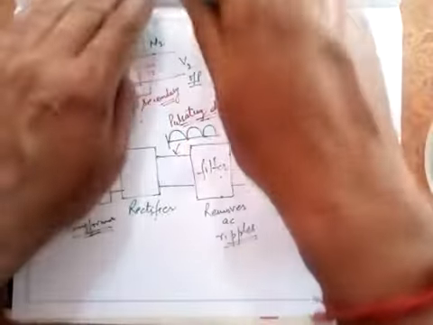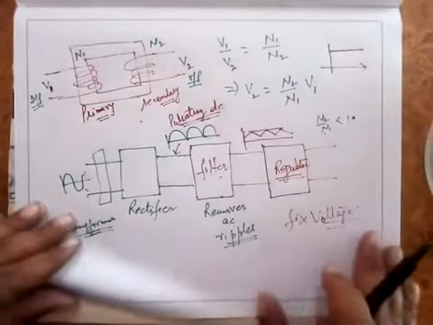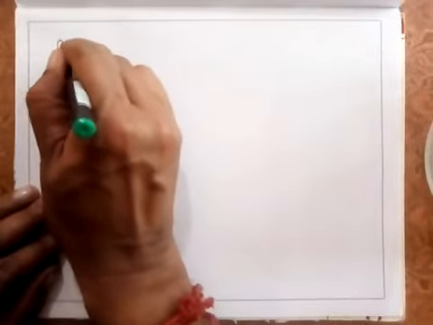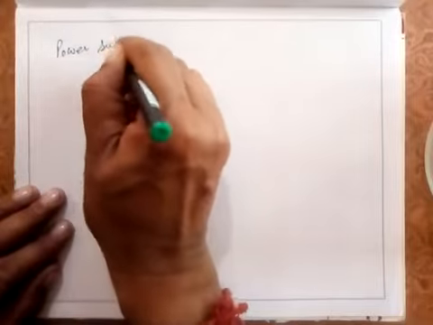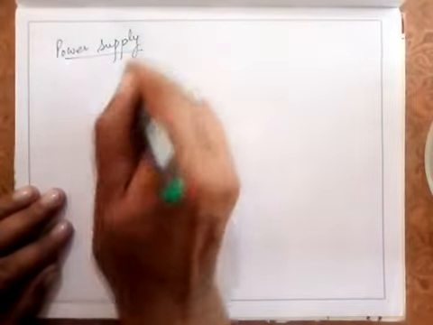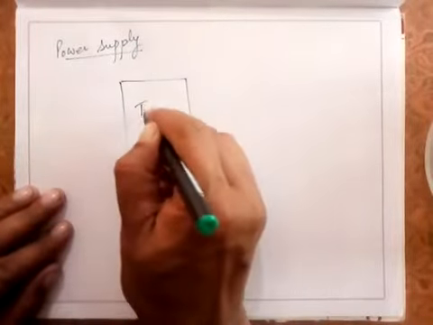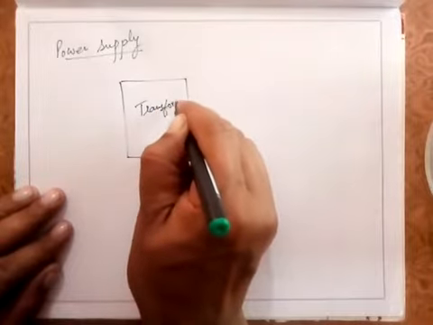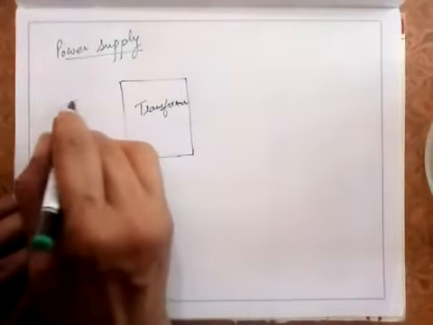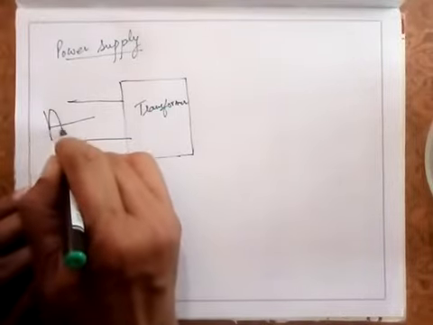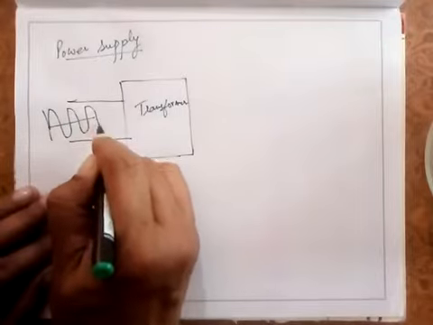So first, certain basics that we'll discuss here. Very first thing, suppose this is a power supply, a regulated power supply. As I said, you have a transformer here, and first we'll assume that the input supplied here is a sinusoidal waveform.